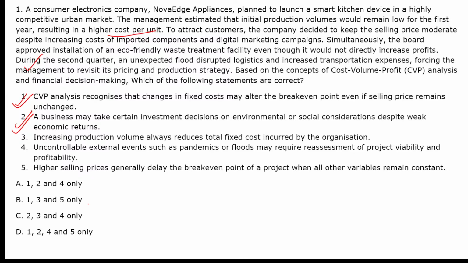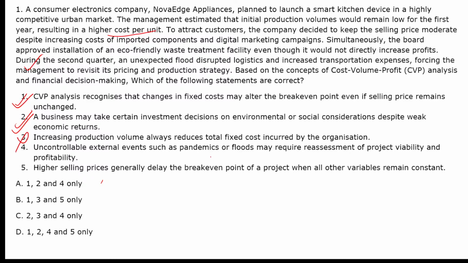How can production volumes increase my fixed cost? Fixed cost is like rent. If I produce 8,000 units or 10,000 units, my fixed cost will be the same. How will the production units determine my fixed cost? So this is incorrect.